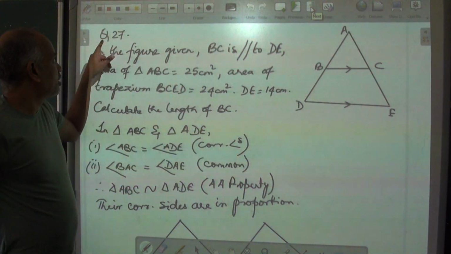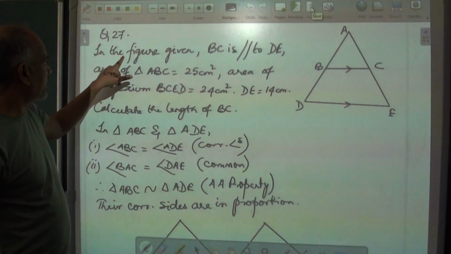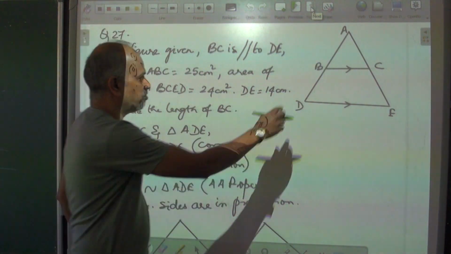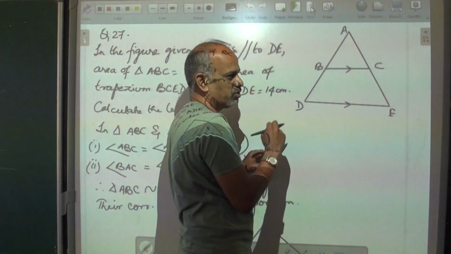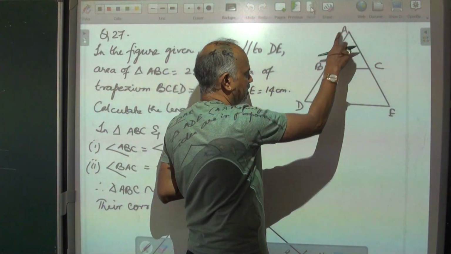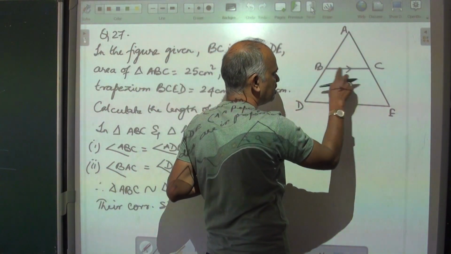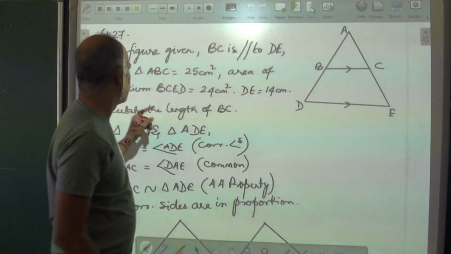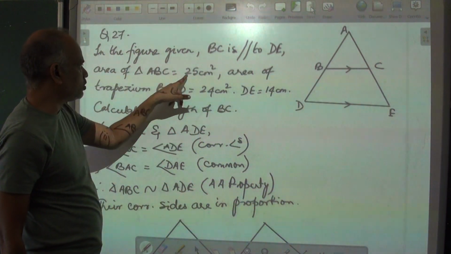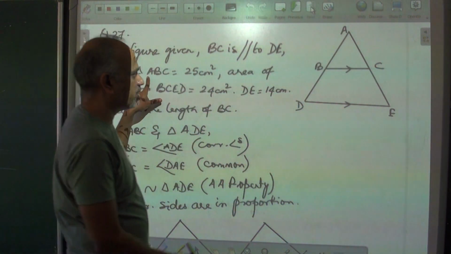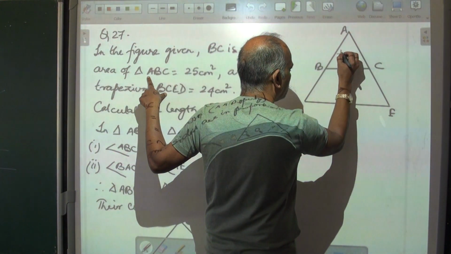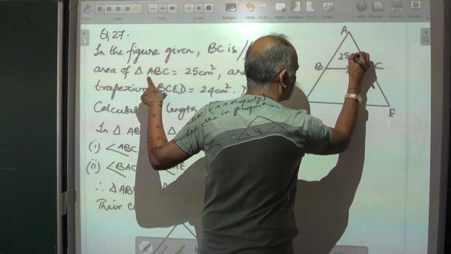Next, question number 27. In the figure given, BC is parallel to DE. This is the figure given. It's similar to what we have been doing. Bigger triangle is ADE, smaller triangle is ABC. BC and DE are parallel. Area of triangle ABC is 25 centimeters square.